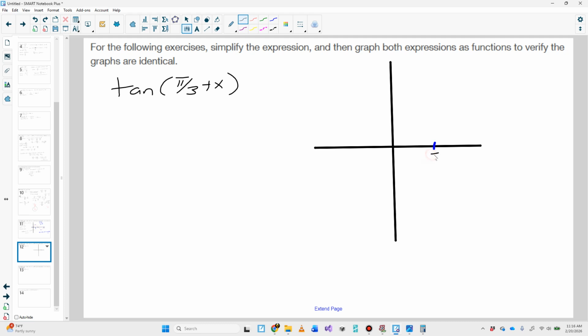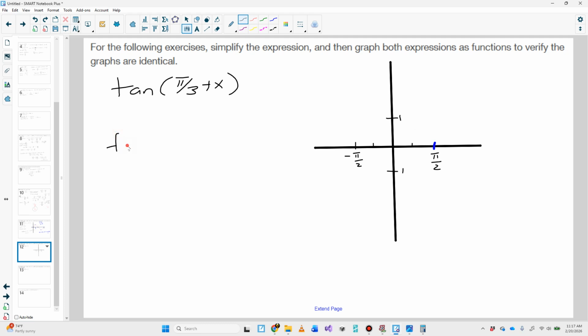We know that the asymptotes for tan are at pi over 2 and negative pi over 2. We know that those exist, so we definitely want them in there as anchor points so that I can get a center point. And we have these points, 1, and since it's not amplified or compressed, those should help us out.